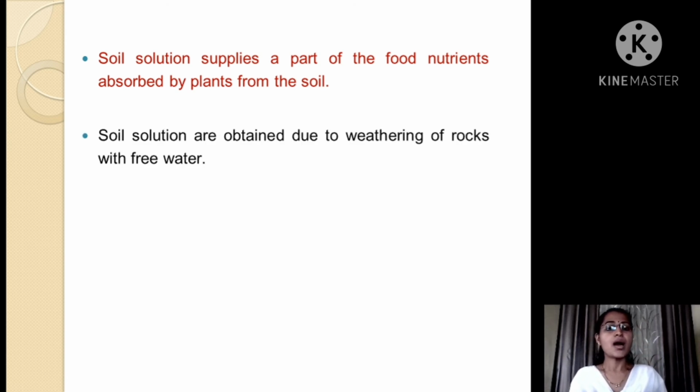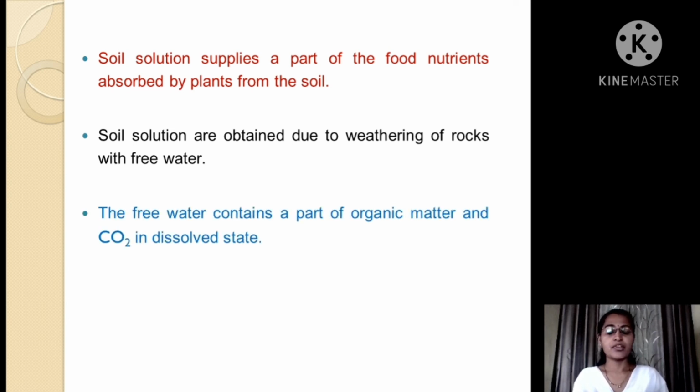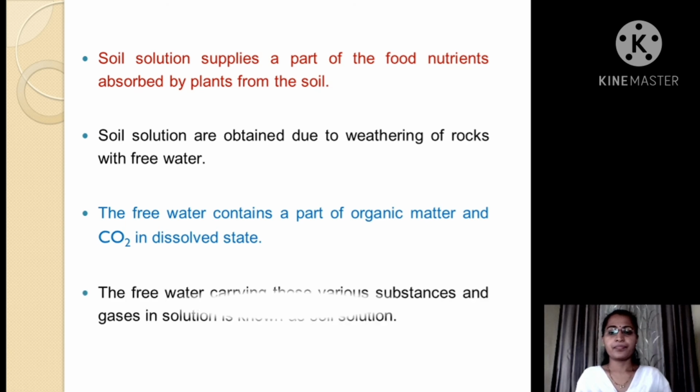Soil solution is also obtained due to the weathering of rocks with free water. The free water contains a part of organic matter and carbon dioxide in dissolved state. The free water carrying these various substances and gases in solution is known as soil solution.